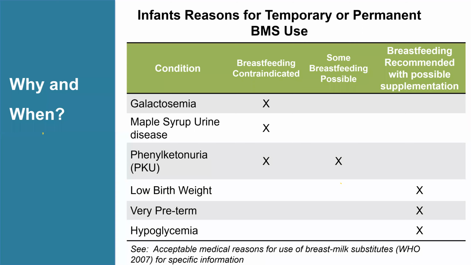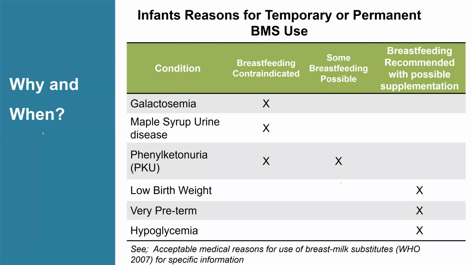So there are some reasons for temporary or permanent BMS use for infants. These are acceptable medical reasons for BMS use, as recognized by the WHO. In galactosemia, breastfeeding is contraindicated. A specialized infant formula is required, as in maple syrup urine disease.